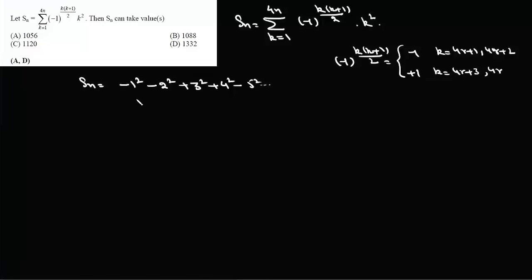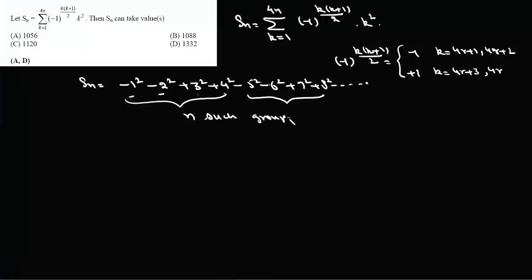So that means if we make them a pair of 4, then the first two terms will have a minus sign, and the next two terms will have a plus sign. So we can write this as minus 6 square plus 7 square plus 8 square, and we'll continue. So we'll have a total of 4n terms. So we'll have n such groupings.